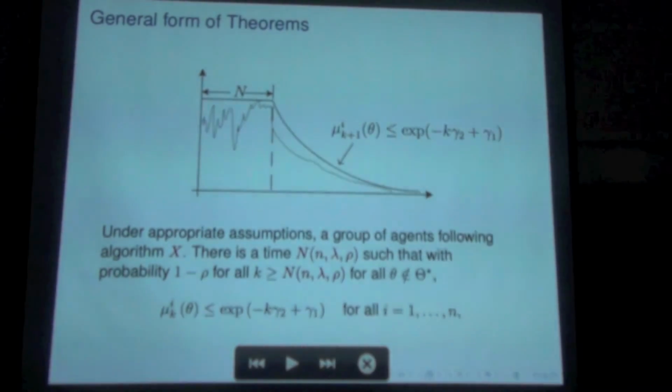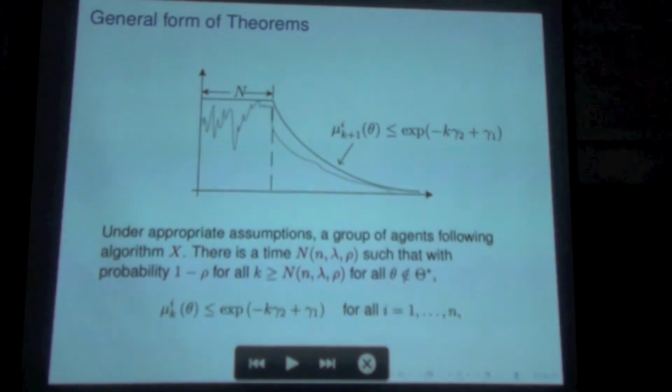Is this formulation clear? So you need to wait a time n such that after this time, your beliefs on the wrong hypothesis go to 0 exponentially fast with parameters gamma 2 and gamma 1.